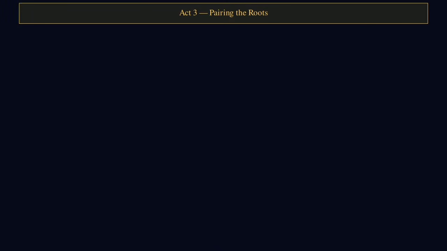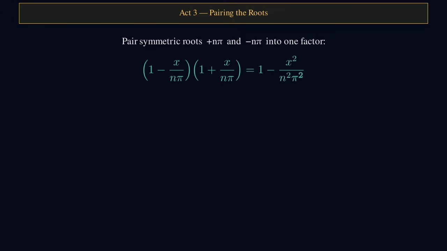Now, Euler paired up the symmetric roots. Plus n pi and minus n pi combine into a single factor, (1 minus x over n pi) times (1 plus x over n pi). Multiply those out. It's a difference of squares. You get 1 minus x squared over n squared pi squared.